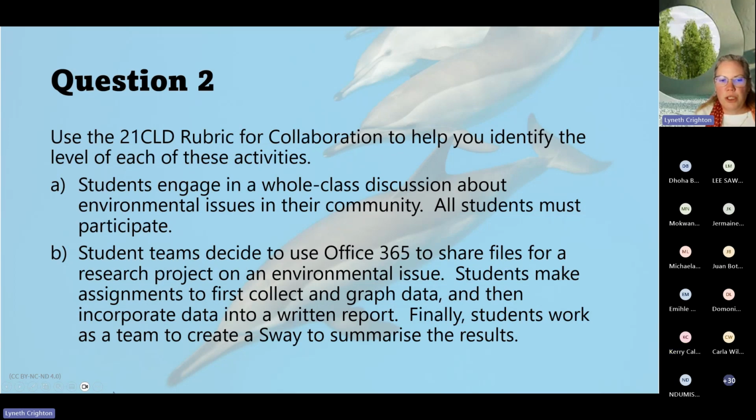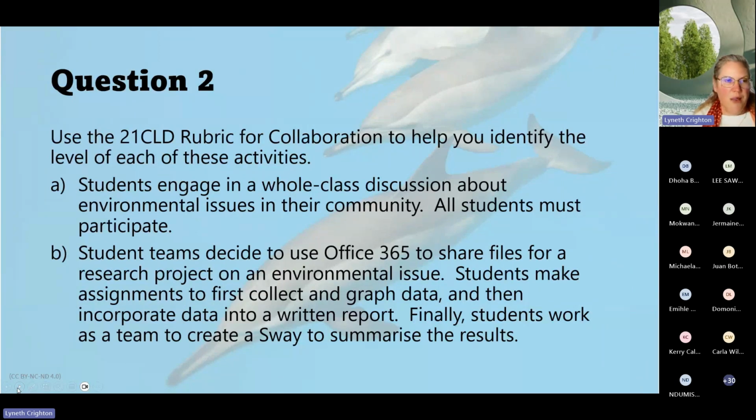The question, which is not completely answered here, is they keep talking about everybody, so there's no individual part to this. Yes, you can hold the group accountable, but how do you hold the individual accountable? So there's no team roles. It doesn't talk about the rubric, says one person gets for assignments, one for the report, one for the Sway.